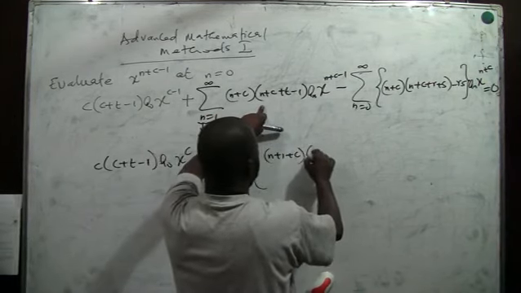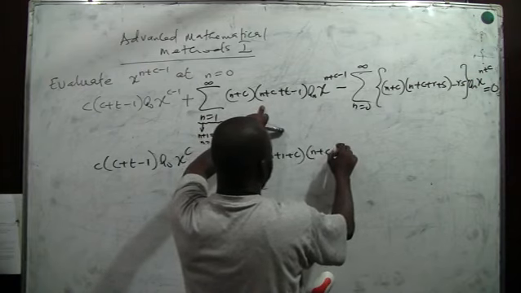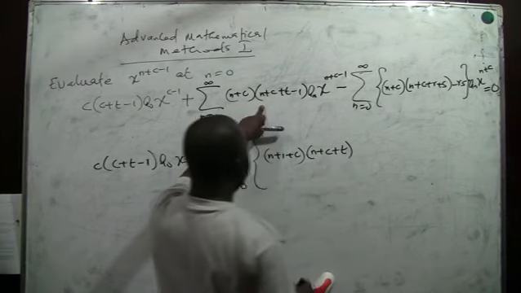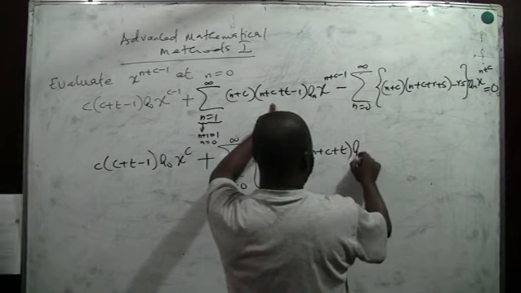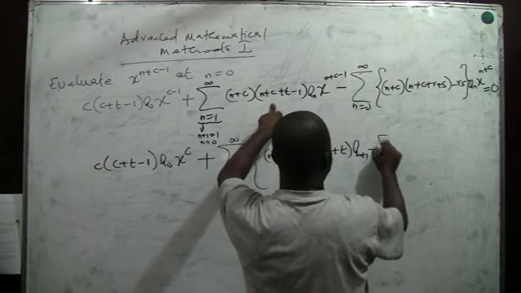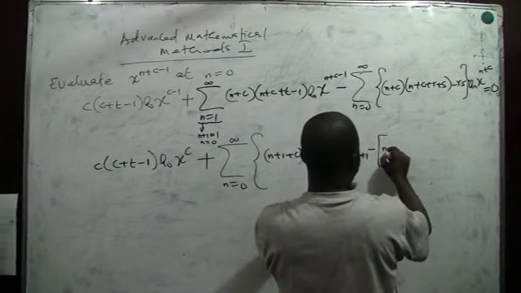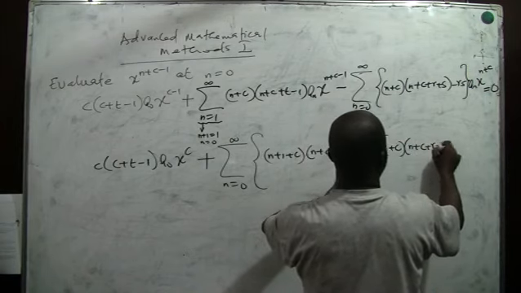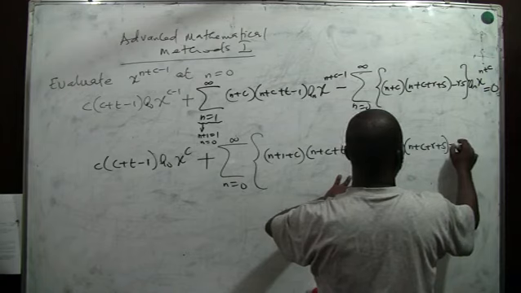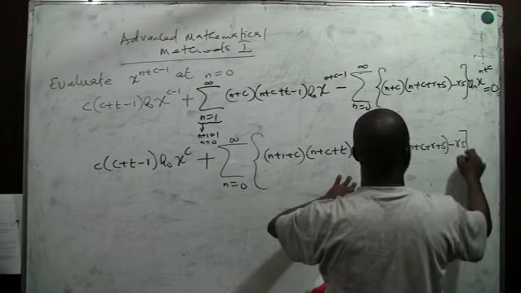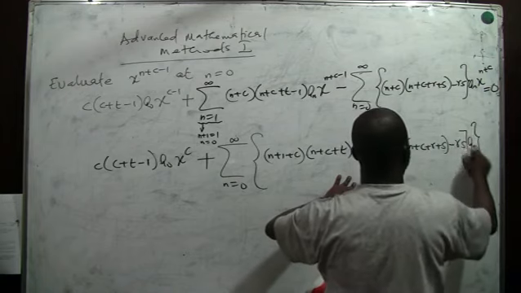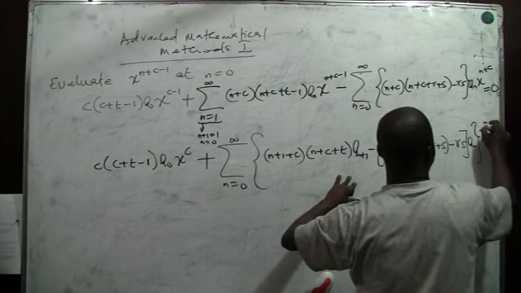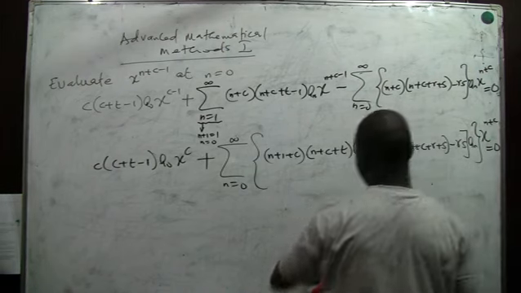This becomes n plus c plus t, a n plus 1, minus, I have this one to be n plus c plus r plus s minus rs. So this is a n, then I have the x to the power n plus c, everything is 0.